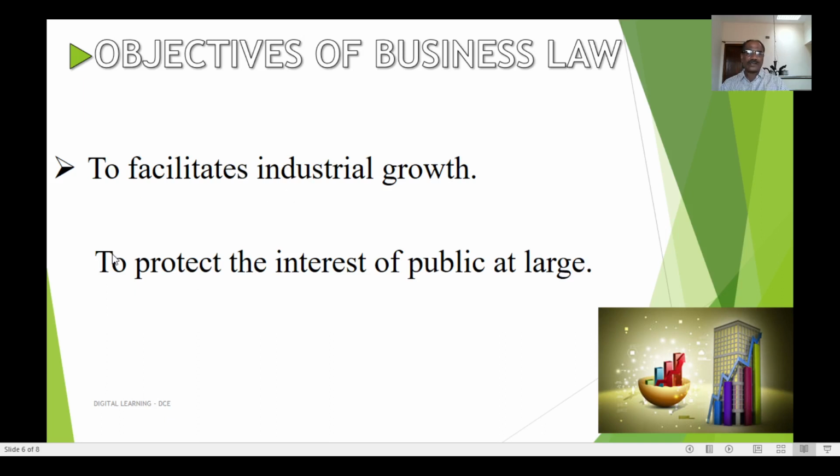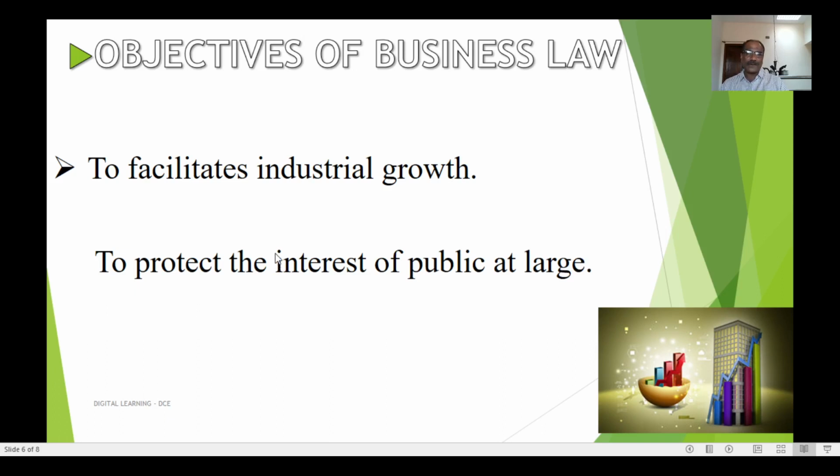And lastly, we can observe one of the objectives of the business law, that is, it protects the interest of the public at large. How will business law protect the interest of the public at large? In the sense that the public has no fear of loss, damage or injury from business people.